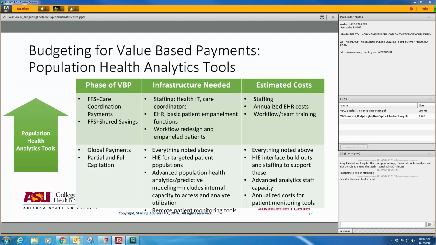So for fee-for-service and coordination, and for fee-for-service and shared savings, you're going to need some health IT staff and some basic care coordinators. How many care coordinators you need and at what level will depend on who your patient population is and what your structural priorities are for those patients.